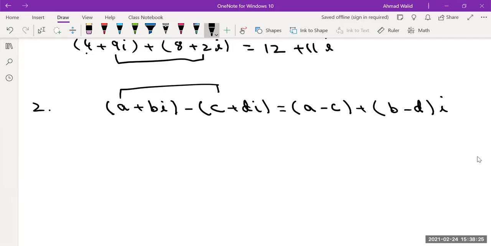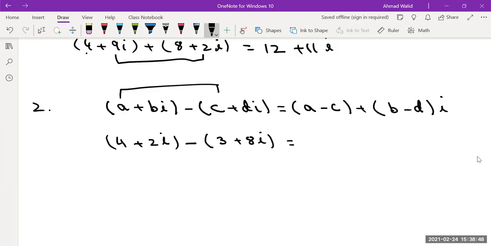Numeric example. 4 plus 2i minus 3 plus, let's say, 8i.